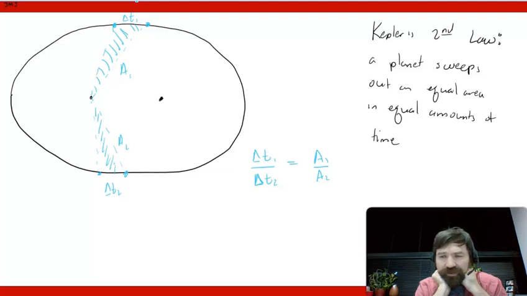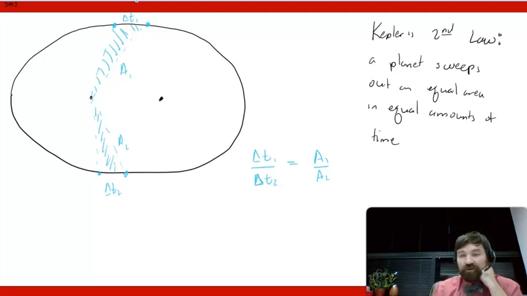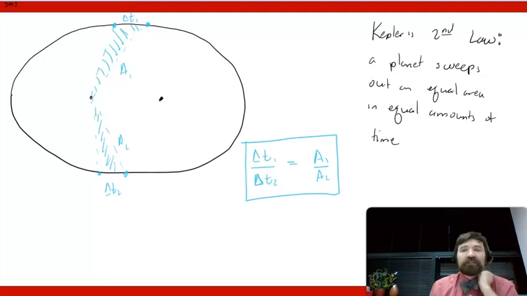If we doubled the amount of time taken, then this actually still holds true, by the way, because if I double the amount of time, then I'm going to sweep out two area 1s. So in some sense, this right here is the mathematical statement of Kepler's second law.